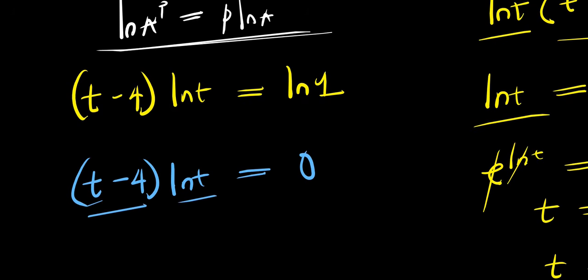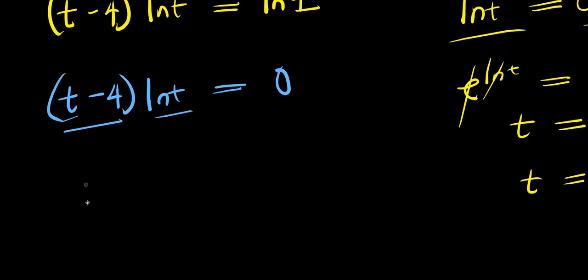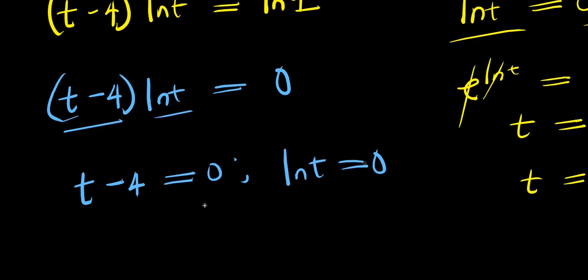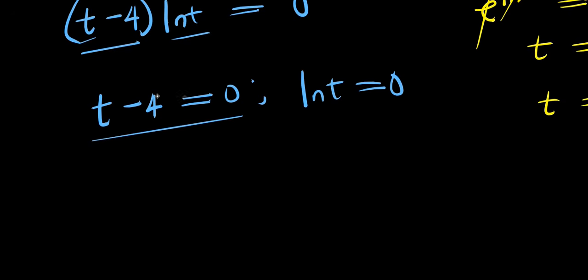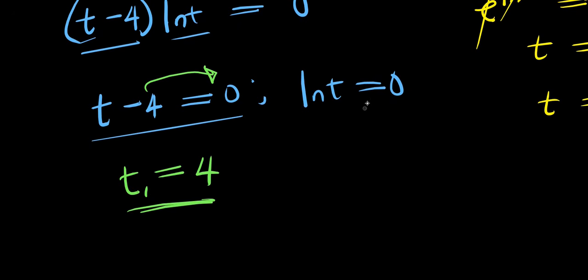I can equate each of these to 0. I have t minus 4 equals 0. I have natural log of t equals 0. To solve this, I will simply move this over here. I have t equals 4, that is my t1. To solve this other one, I raise e to the power of this.